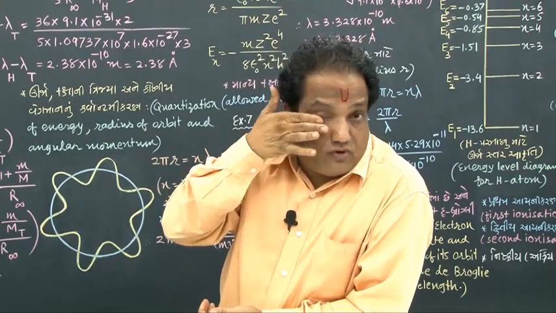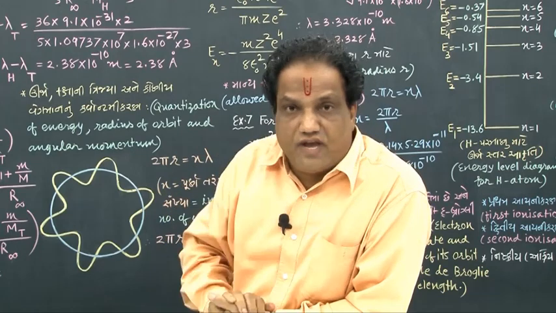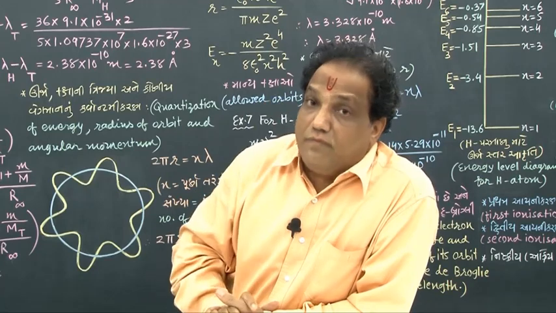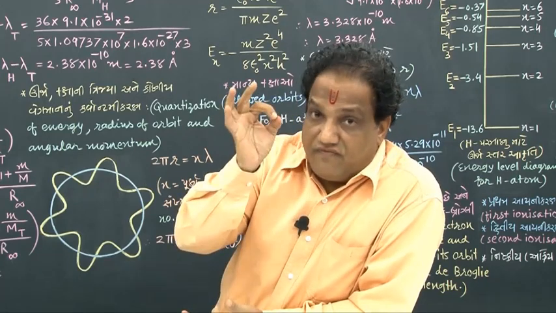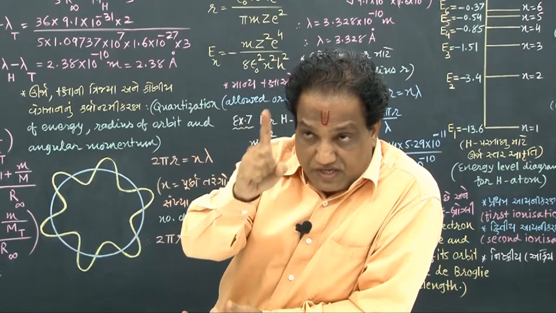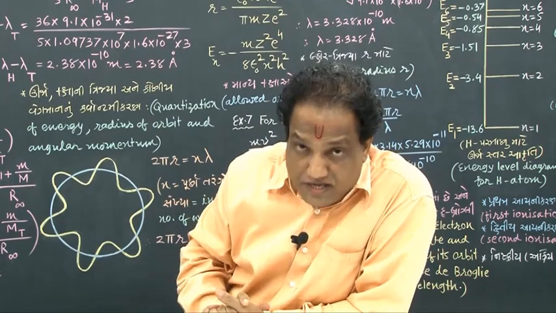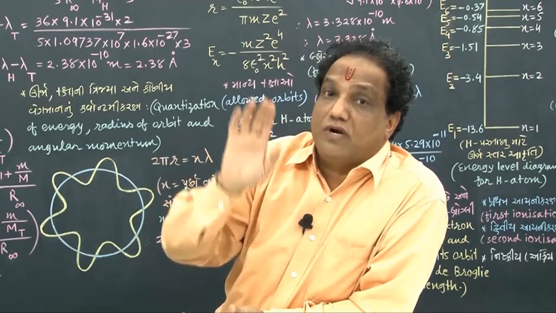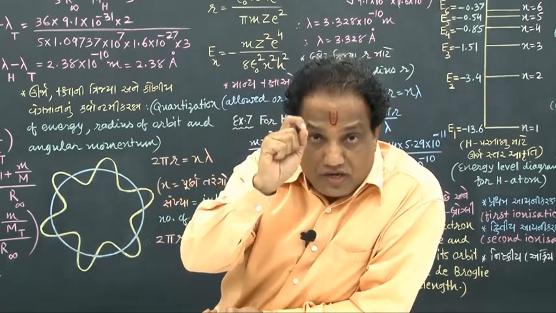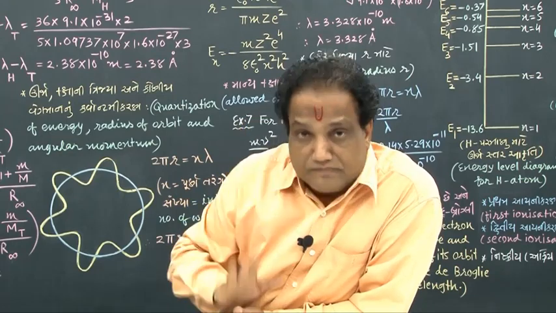Now tell me, first of all, what do you mean by quantization of any physical quantity? Quantization of any physical quantity means if any physical quantity can assume certain specific, discrete values only, and it cannot assume the remaining values, then that physical quantity is said to be quantized, correct?